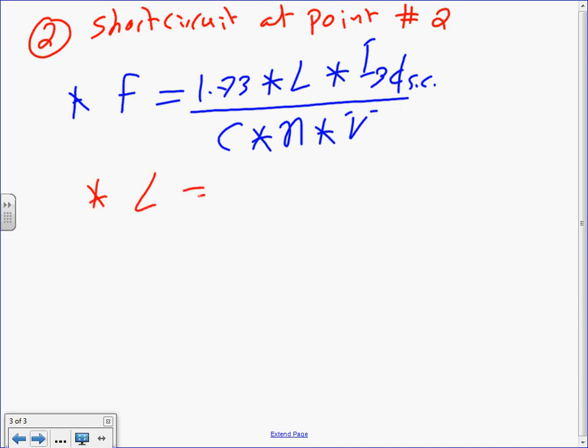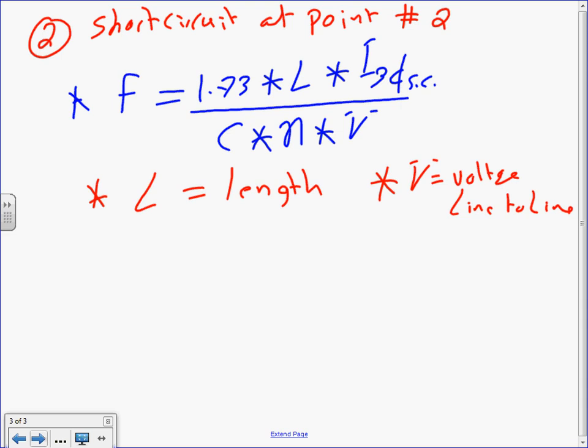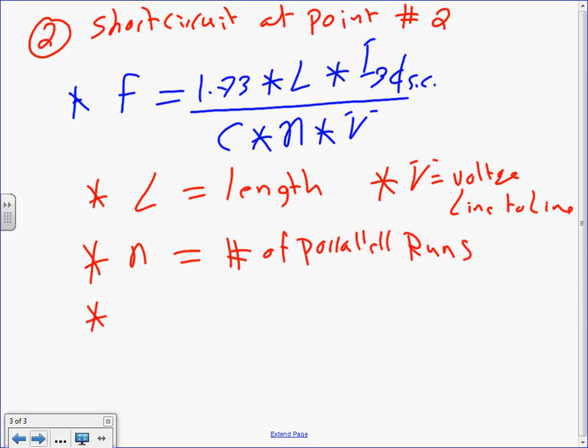L equals length. V, of course, is voltage line to line. N is the number of parallel runs. And C is the conductor factor, and you're going to see what the conductor factor is.